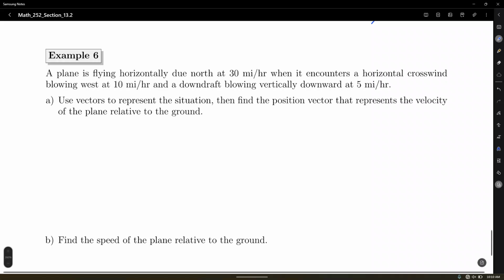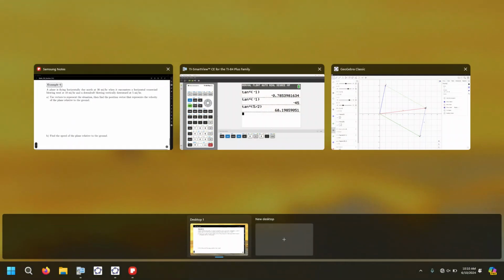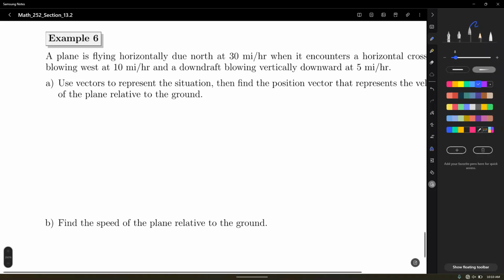So let's use vectors to represent the situation. Unfortunately, I wouldn't be able to represent these vectors in space. Let's represent this in 2D first.